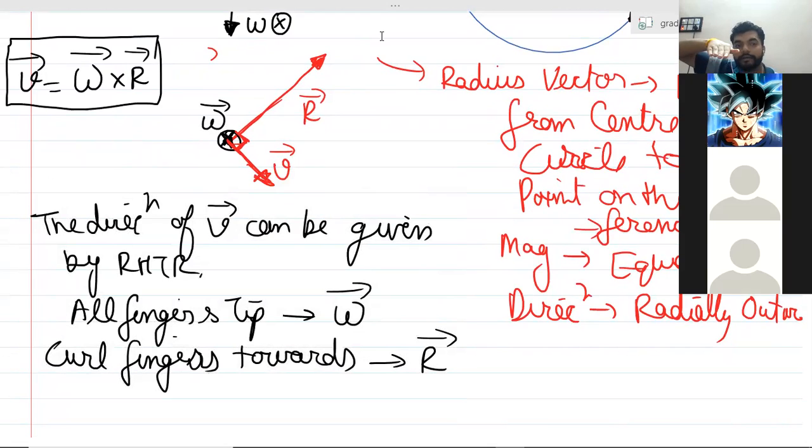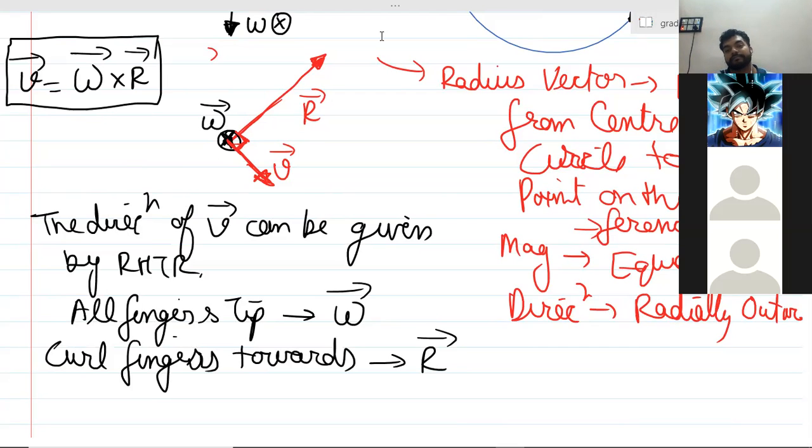So all the fingertips should be pointing in the direction of omega. And now can you see the radius vector? Where is the radius vector? The radius vector is like this, right? Omega cross r, can you see my thumb is pointing in the downward direction? Is this clear?